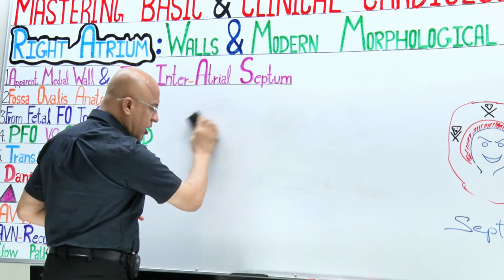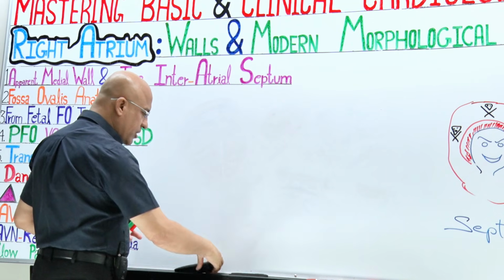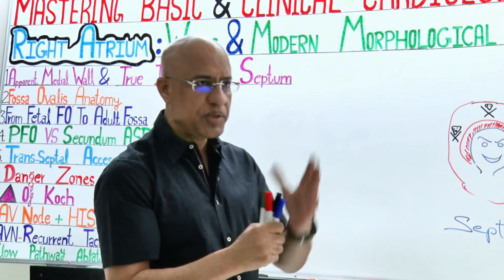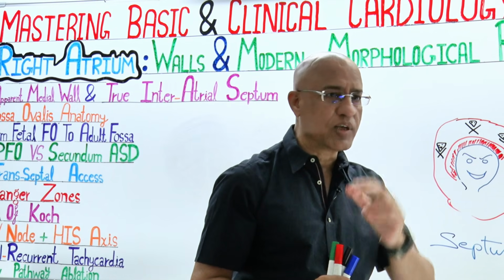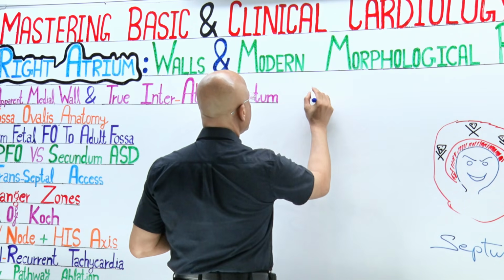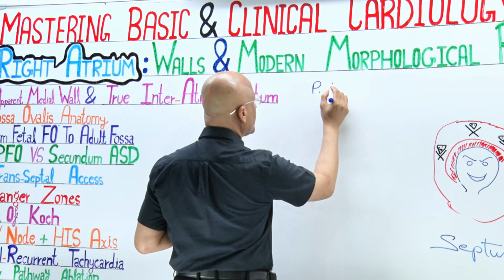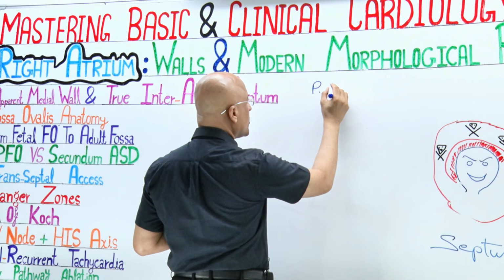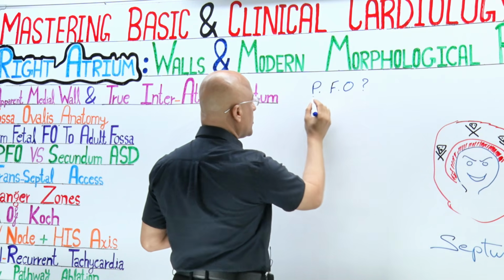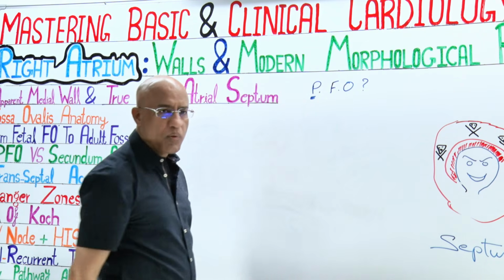Now, related with the medial wall, there are two more clinical concepts which confuse the students too much. Number one, what is patent foramen ovalis?